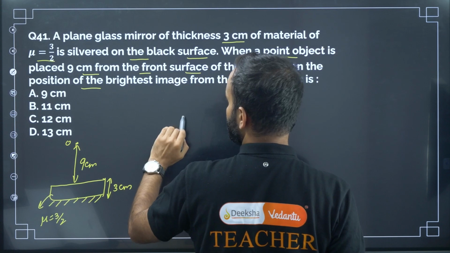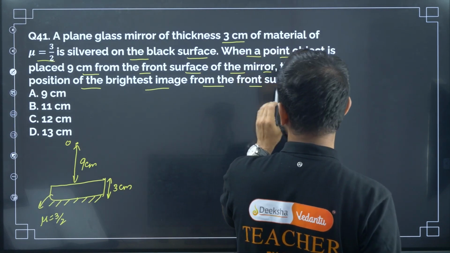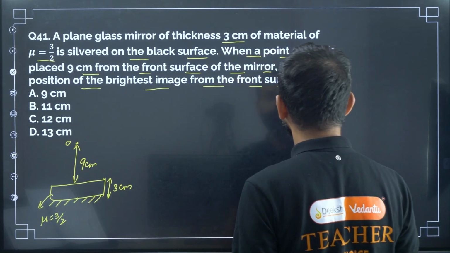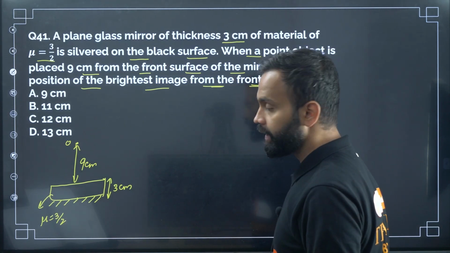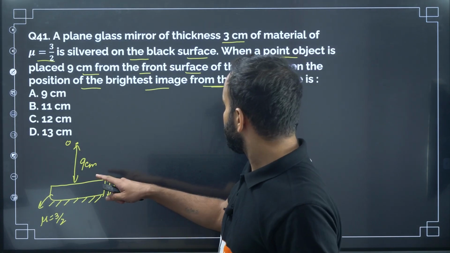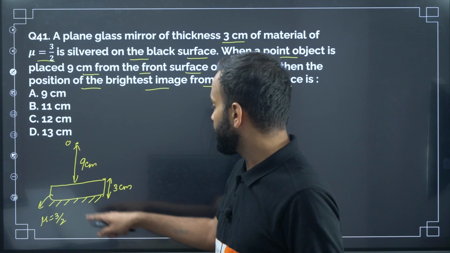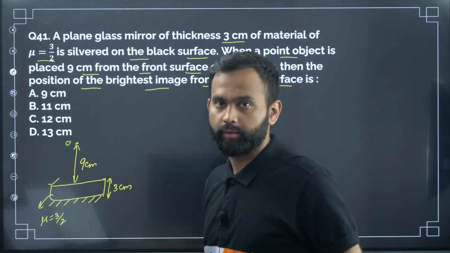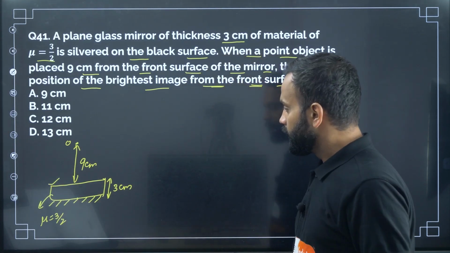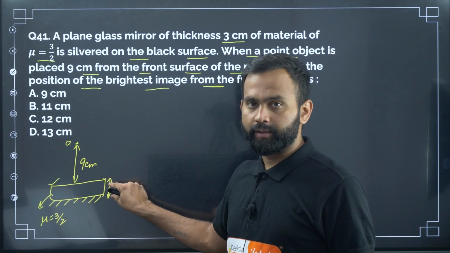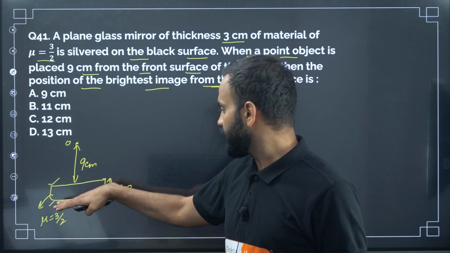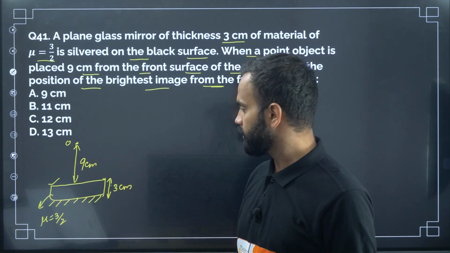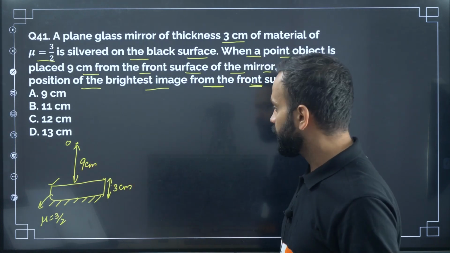Then the position of the brightest image from the front surface is what we need to find, that is this surface. Because of this thickness, the image of the silvered surface will shift, so let us find that shift.